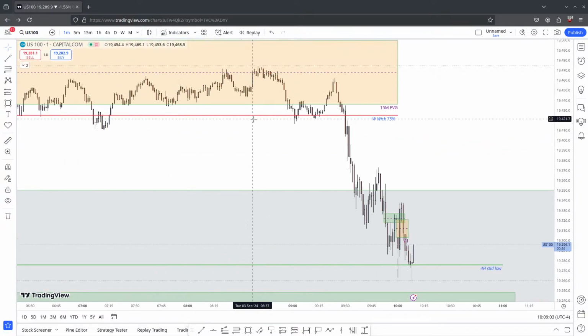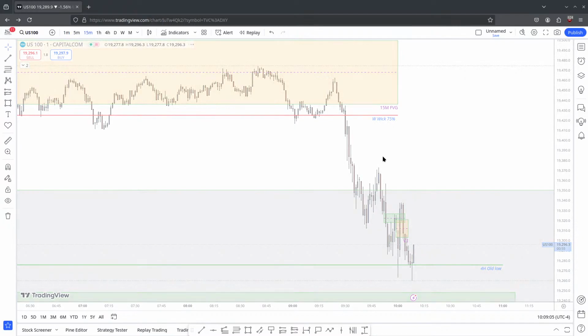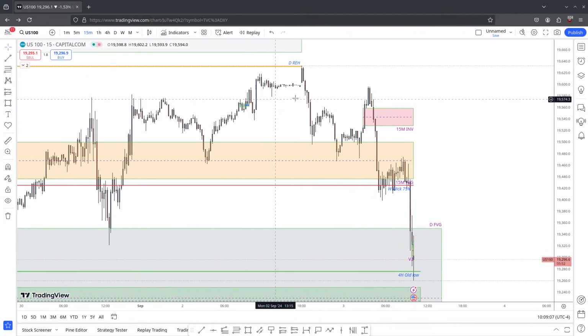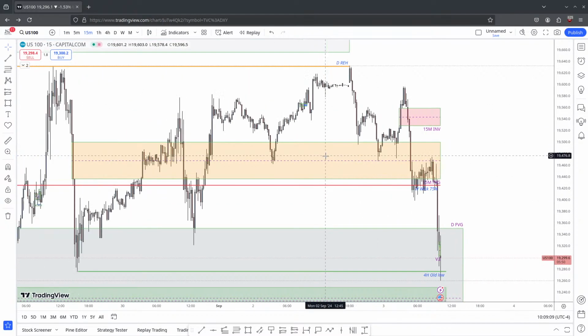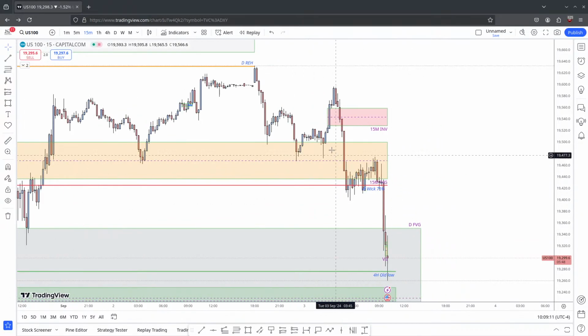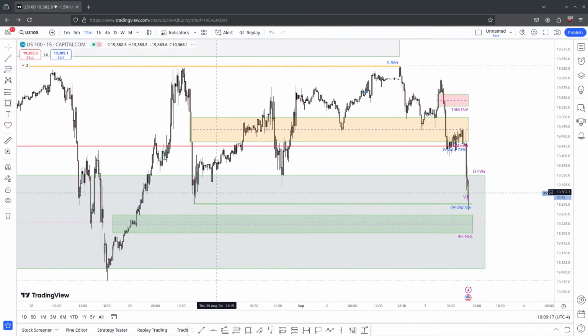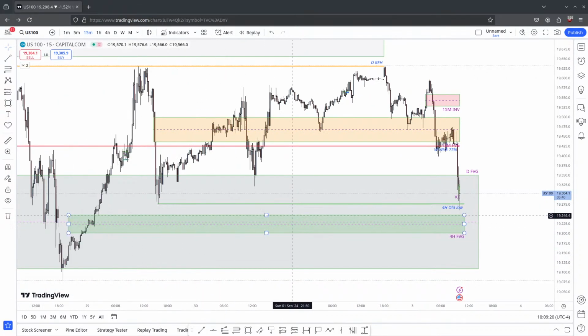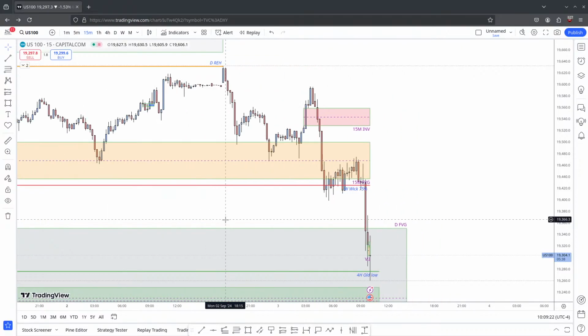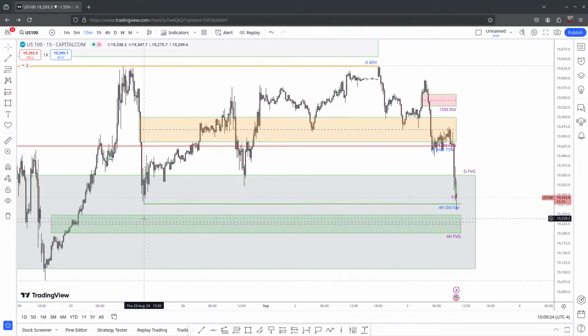So this is a day where everybody's getting tripped up. Everybody that was in any sort of a long got tripped up, gone down lower, cleared out these lows, cleared out this low. Everybody that was long is now taken out of the marketplace.